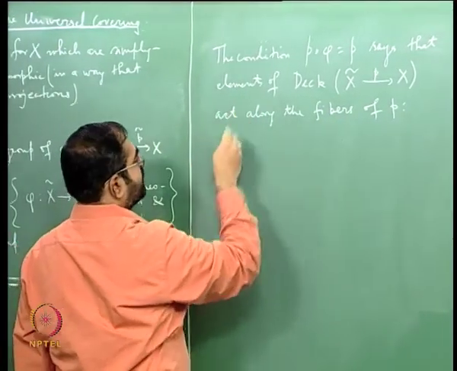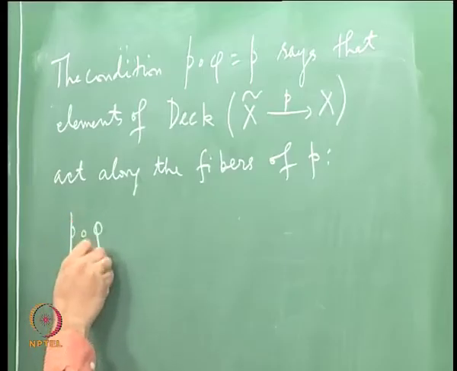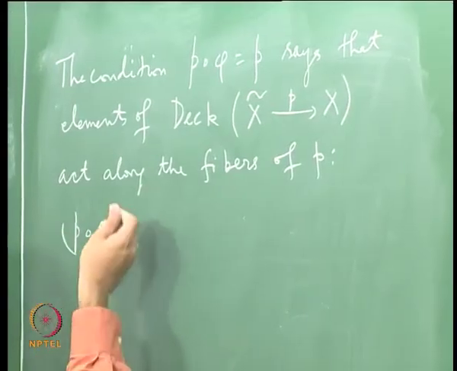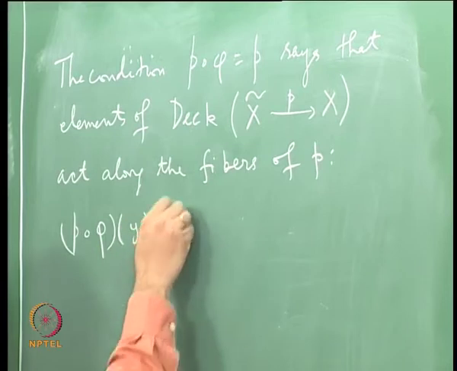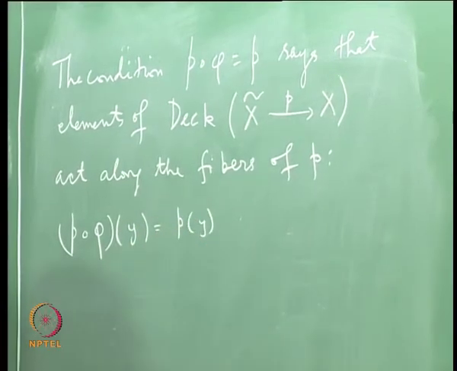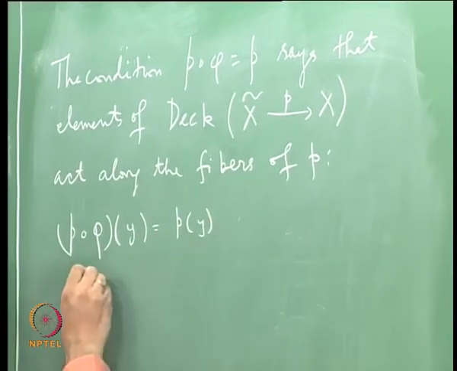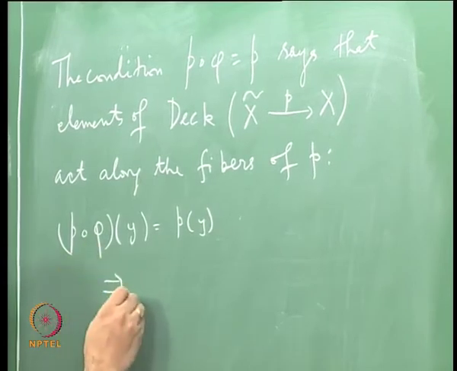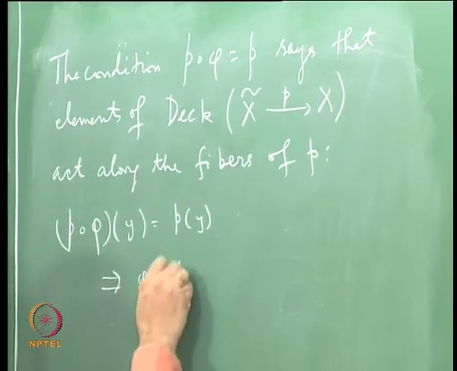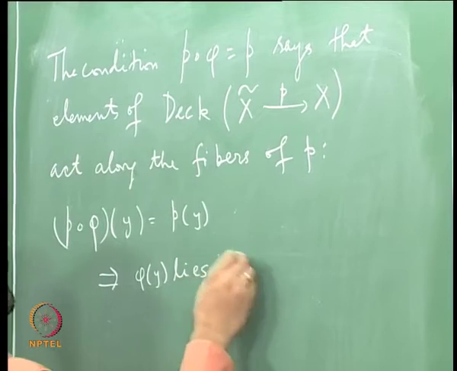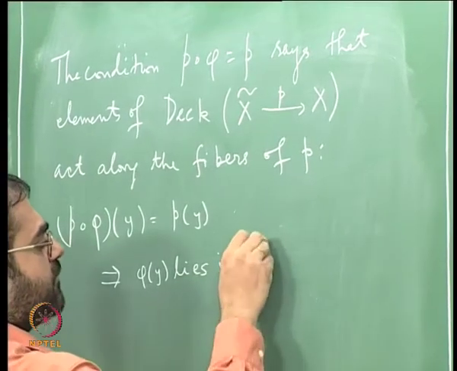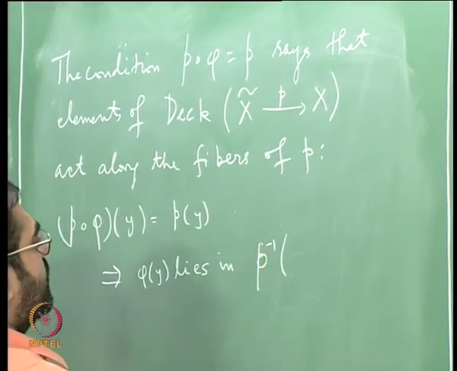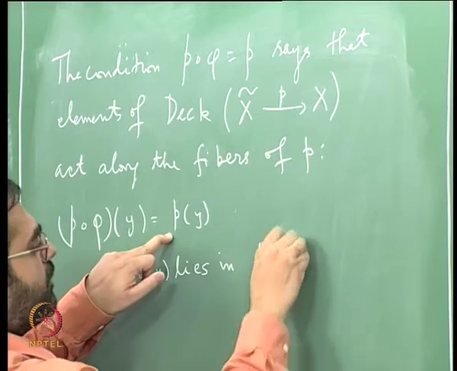Namely, you see p circle phi of say a point y is equal to p of y. This actually means that phi of y lies in p inverse of y, p inverse of p of y.